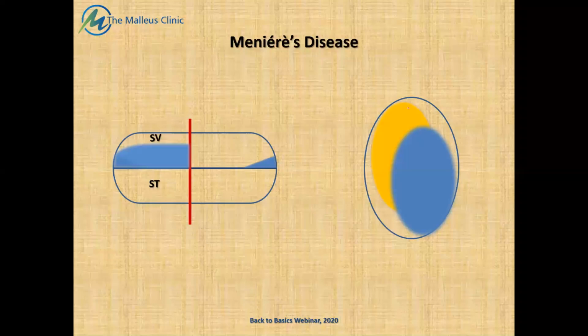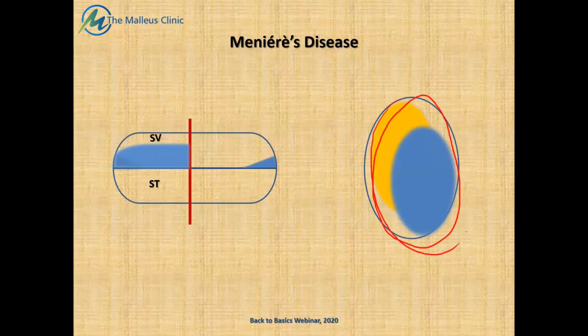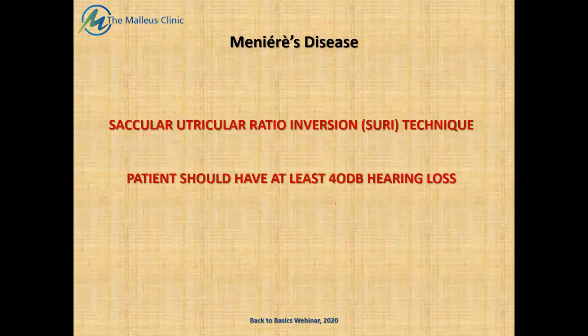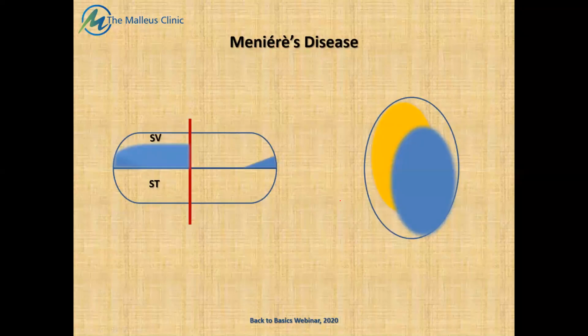And in fact, in such a situation, the perilymph is just visible as a rim of hyperintensity around this complete hypointensity of the composite saccular utricular shadow. So this is what is being proposed by this group from Nagoya University.